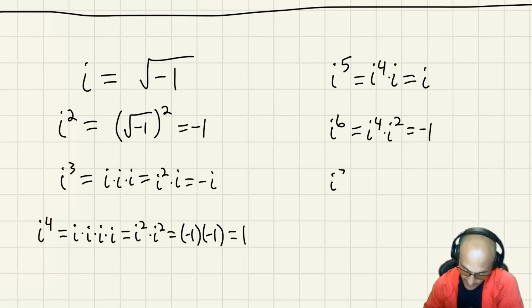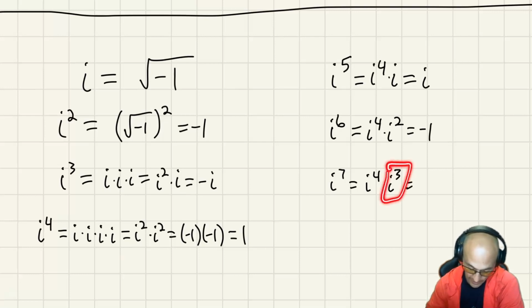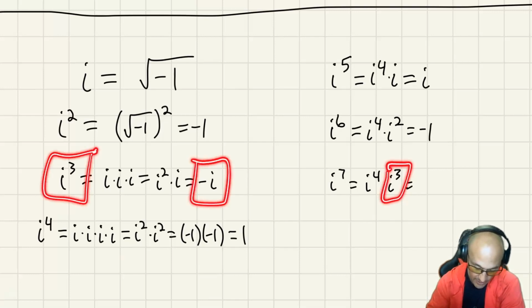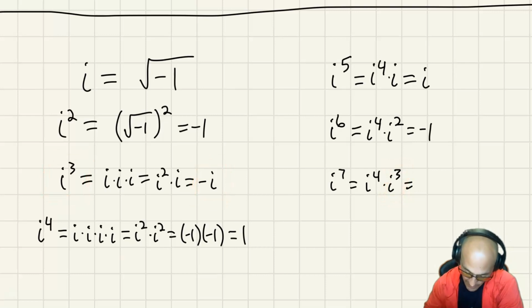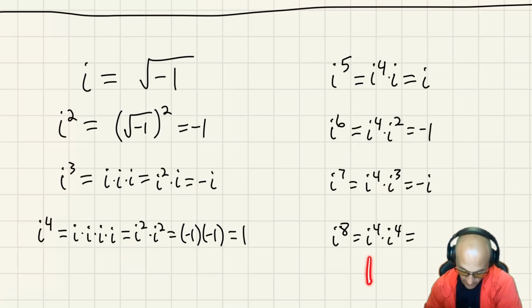All right, i to the seventh is equal to i to the fourth times i cubed, which is 1 times, well, i cubed is negative i. So 1 times negative i is negative i. i to the eighth is equal to i to the fourth times i to the fourth. Well, that's 1, because i to the fourth is 1, and 1 times 1 is 1.